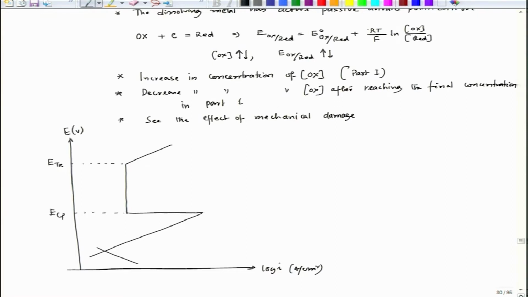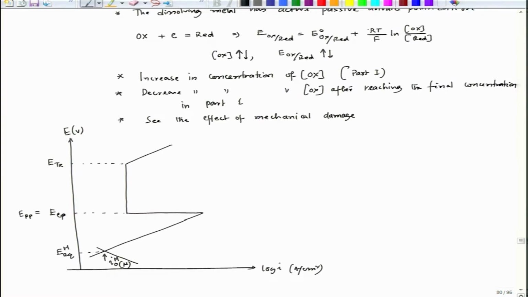ECP and EPP are at the same position as per this particular diagram. This is I0 of m over m, this is E equilibrium of m.